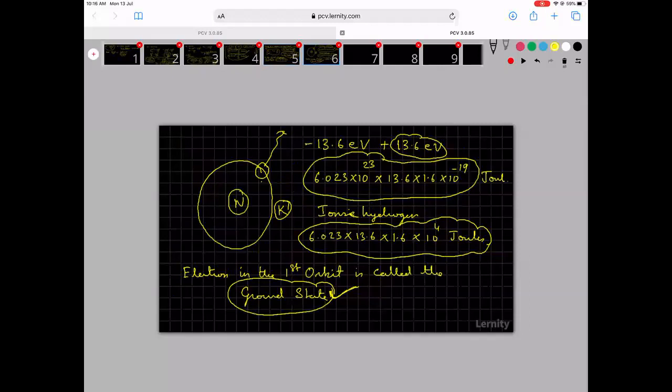Further, I am saying that N is equal to 1, the K shell, is the ground state, because there is only one electron and that one electron is in the first orbit. Ground state refers to the actual state in which an electron should be. If not, it is called the excited state.